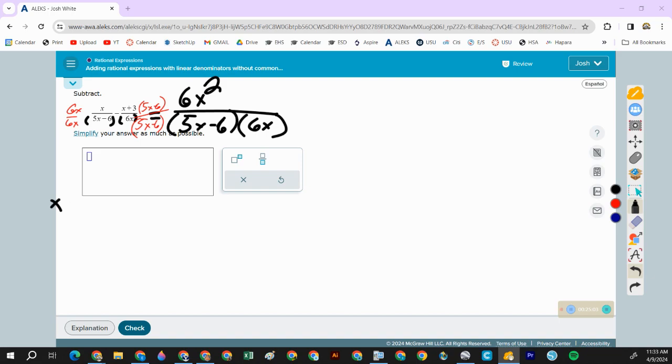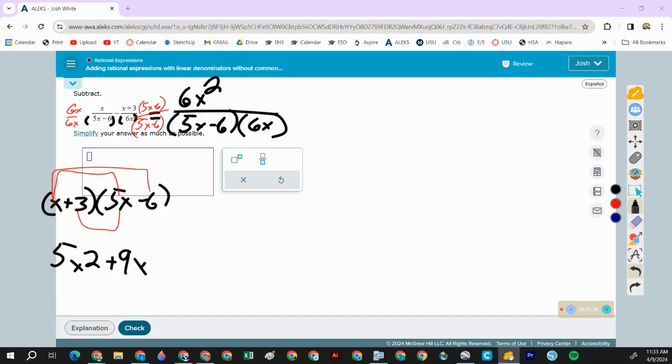And on the right, x plus 3 times 5x minus 6. So that is 5x squared. This is going to give me negative 6, and this is going to give me plus 15. 15 minus 6 is plus 9x minus 18. But there's a subtraction, so I need to switch the signs of all of those. So minus 5x squared minus 9x plus 18.